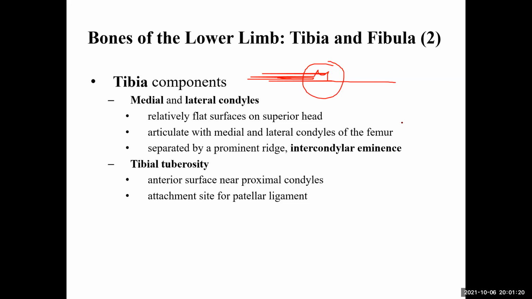The top portion of your shin there. That's called the tibial tuberosity. That's where the patellar ligament, or the actual quadriceps tendon, attaches. That'll be the bump just below your knee, below your kneecap there.